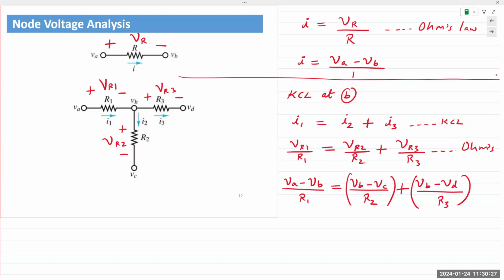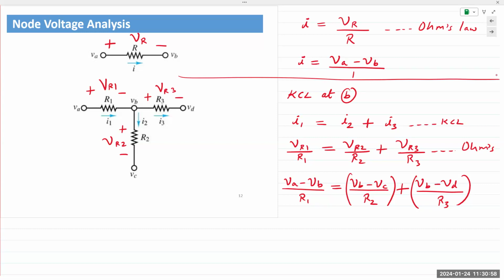The expression of the resistor voltages in terms of the node voltages comes from the fact that the voltage polarity is established, and the voltage polarity is established due to the direction of the current that we assume at the beginning of analysis. At the beginning of our analysis, we assume I1 going from A to B. If it goes from A to B, automatically it follows that A is higher than B, meaning A is plus, B is minus.